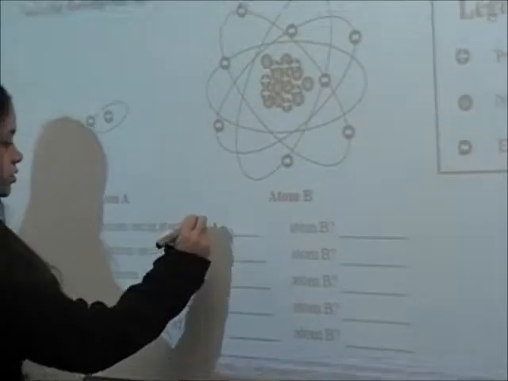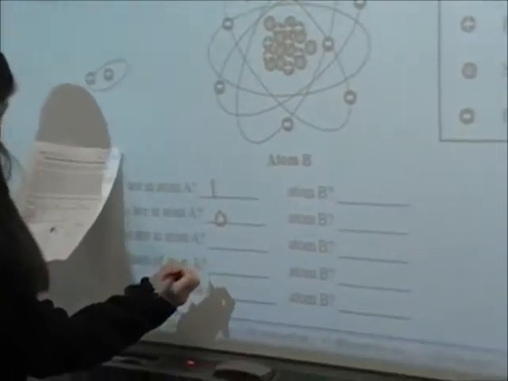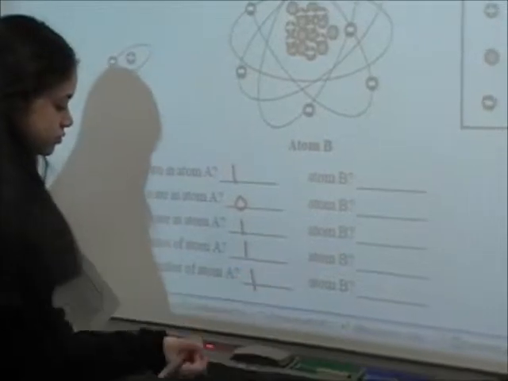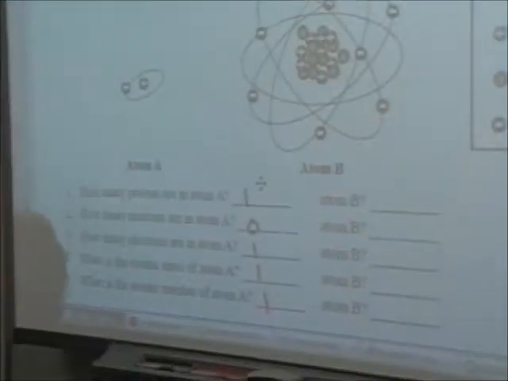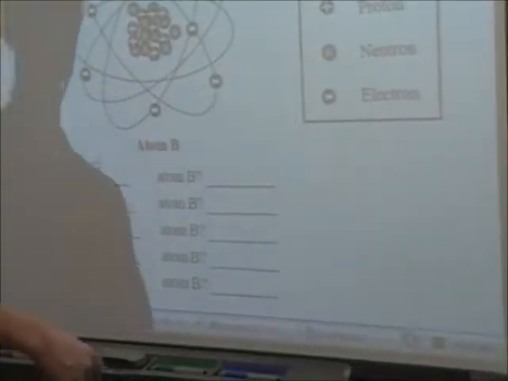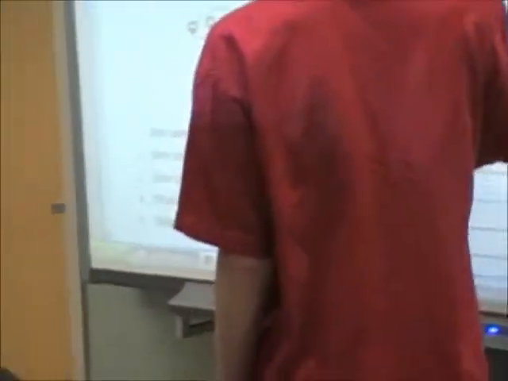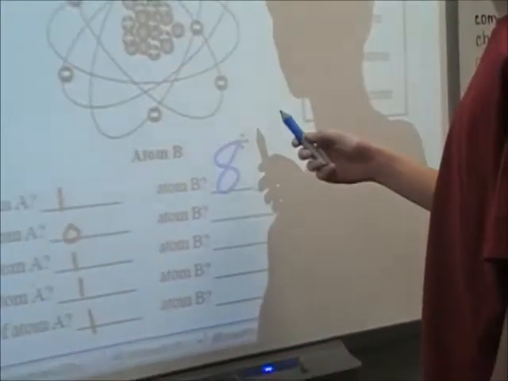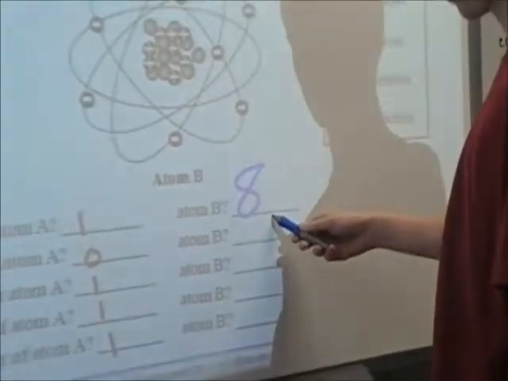What is the atomic number of atom A? 1. Now atom B. Protons. 1, 2, 3, 4. Number of neutrons.